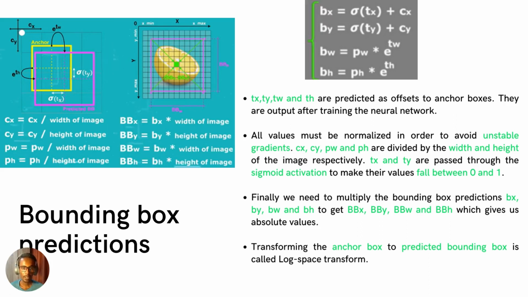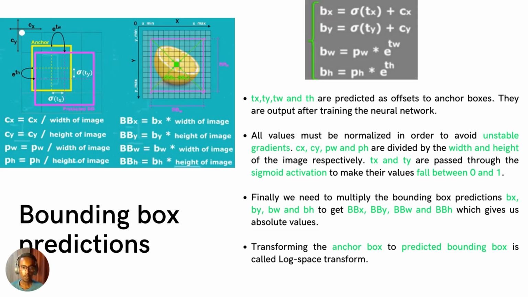So Cx, Cy, Pw, and Ph, where Cx and Cy are the offsets directly from the top left corner of the image, and Pw and Ph represent the width and the height of the anchor box. All of these values must be divided by the width and the height of the image, respectively, as we can see on the image on the top left corner.